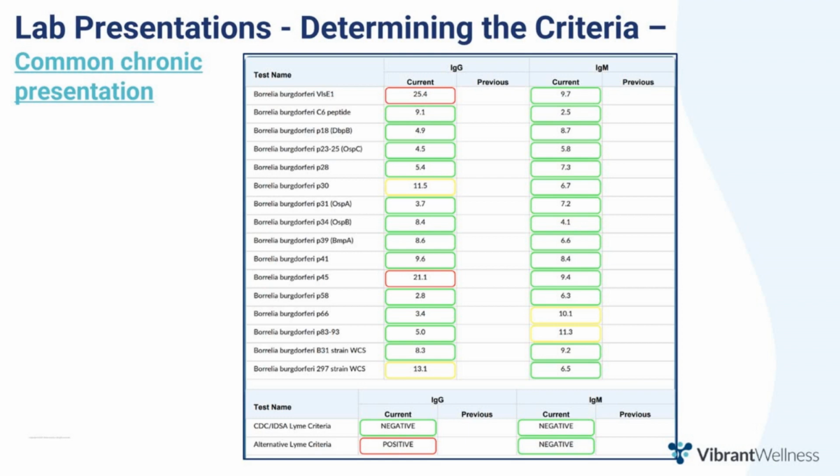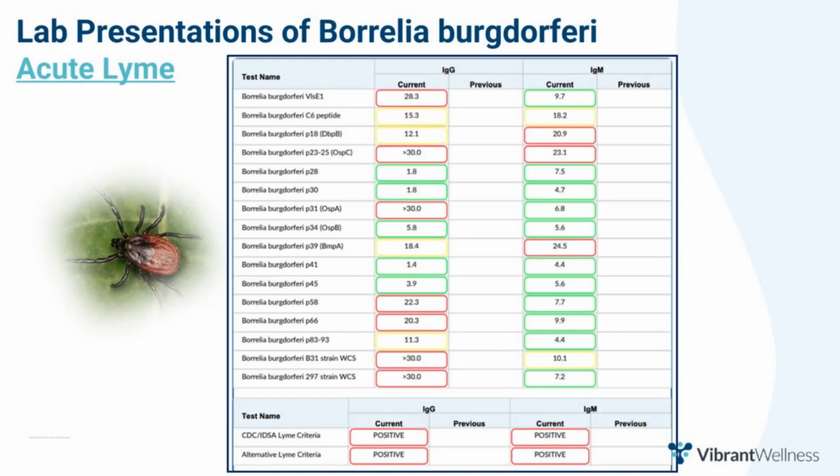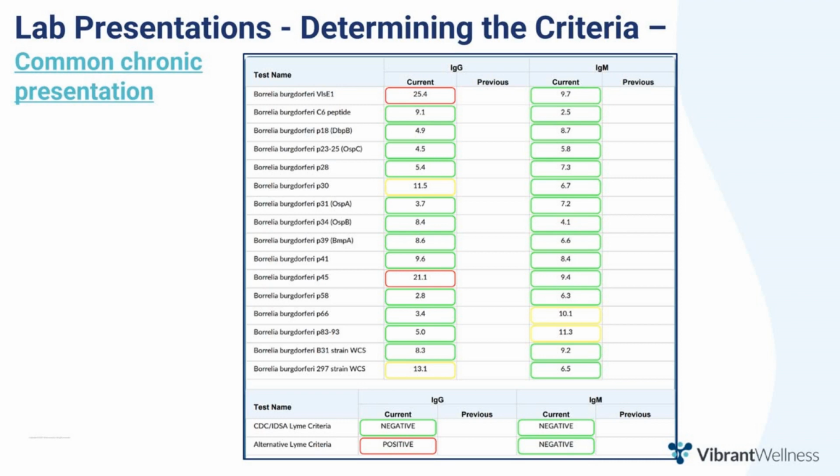Now, based on the patient's clinical presentation, this is absolutely positive Lyme. It just doesn't look like this test, okay? But it shouldn't be dismissed in saying, oh, well, the CDC is negative, so we're not going to do anything about this. This patient is still a positive Lyme case, obviously, after we do our clinical correlation.